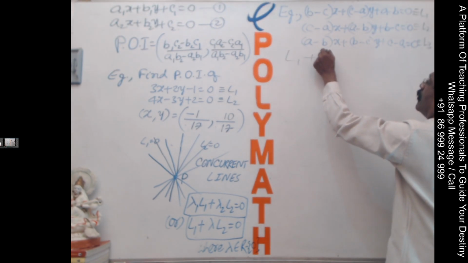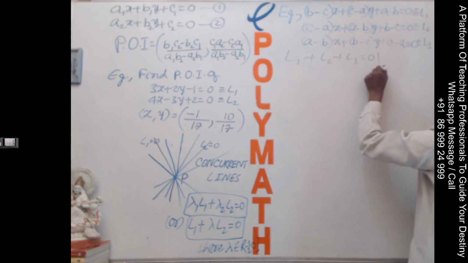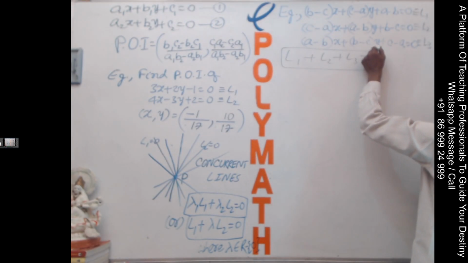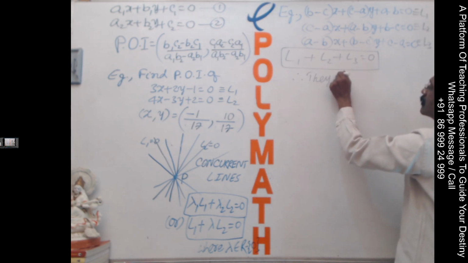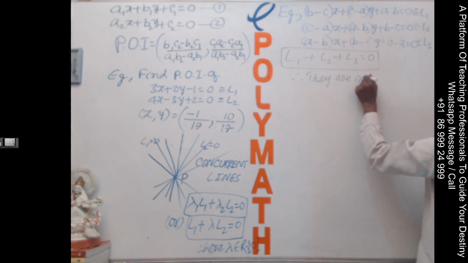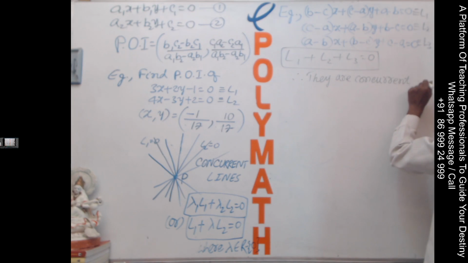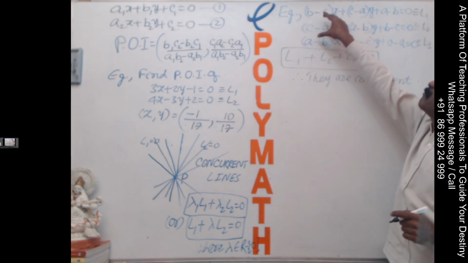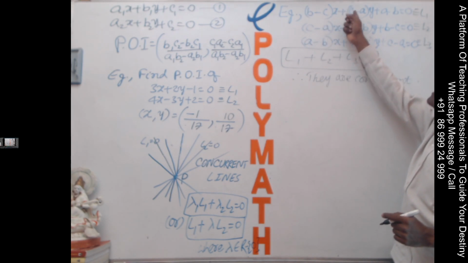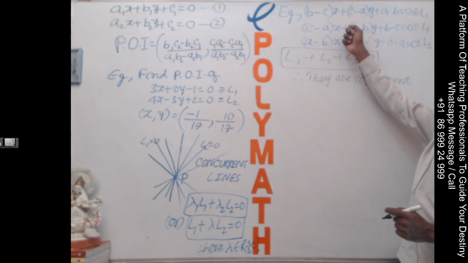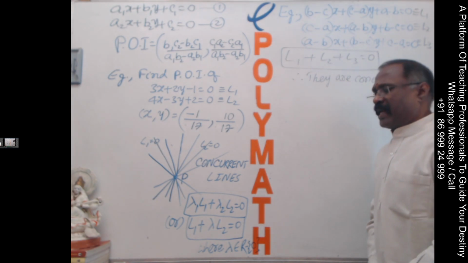L1 plus L2 plus L3 equal to 0. Therefore, they are concurrent. Sum them: B minus B, C minus C, minus A plus A cancel, plus C minus C, plus B minus B, plus A minus A, and here also everything. Adding them, you are getting 0.